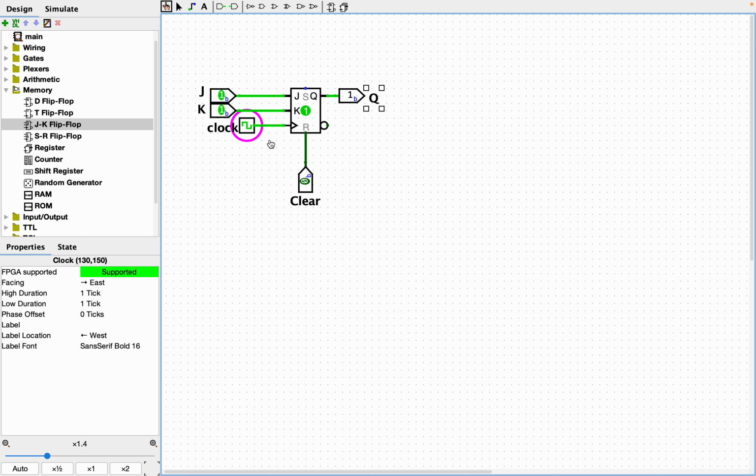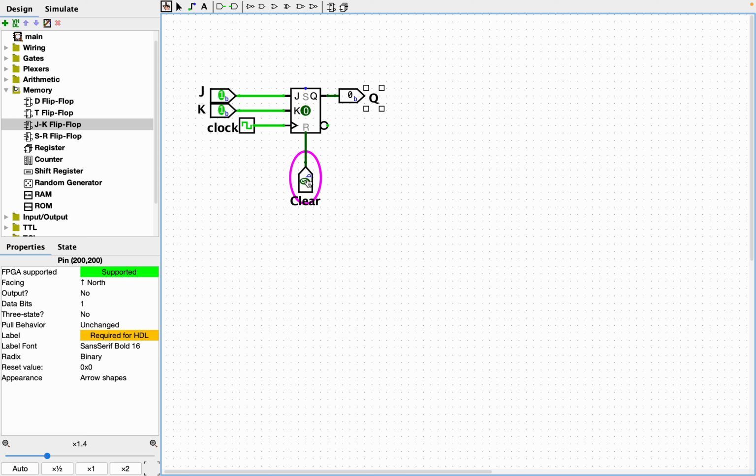And then, I said we'd get back to the clear. So why does the clear input affect the circuit? The clear, otherwise known as reset, input is an additional control signal that can force the output Q to equal 0 regardless of the state of the clock or J and K inputs.